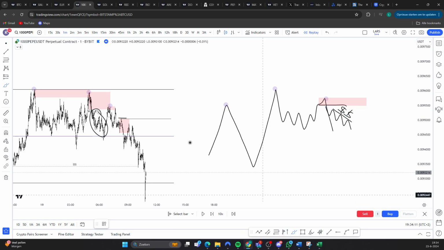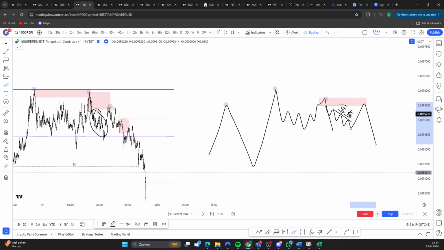When I get that after a break, after a third tap, and we get that squeeze up to hit that supply and grab those highs, and then we get a structure confirmation in here, it's a very, very, very common move for Wyckoff accumulations or distributions regarding third tap.